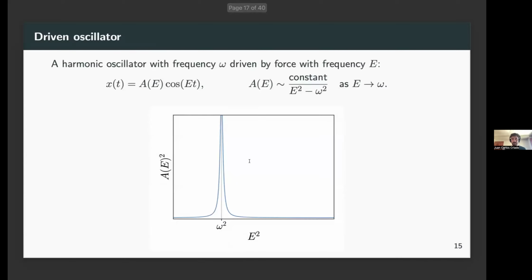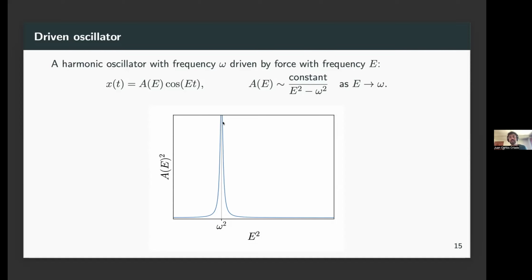And a nice example of this, I think, is the driven harmonic oscillator. Your solutions will be some oscillations with an amplitude, and that amplitude has a pole when the driving force oscillates with the resonant frequency of the oscillator, right?